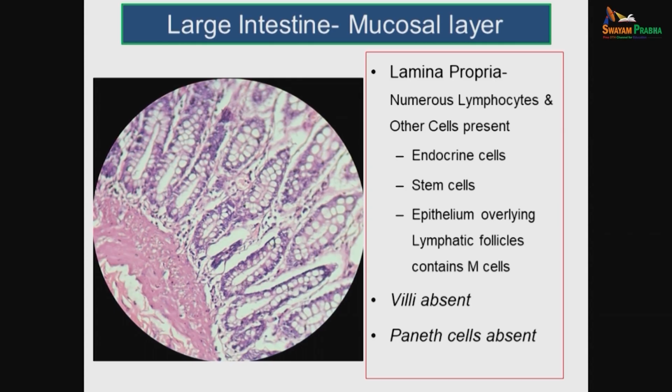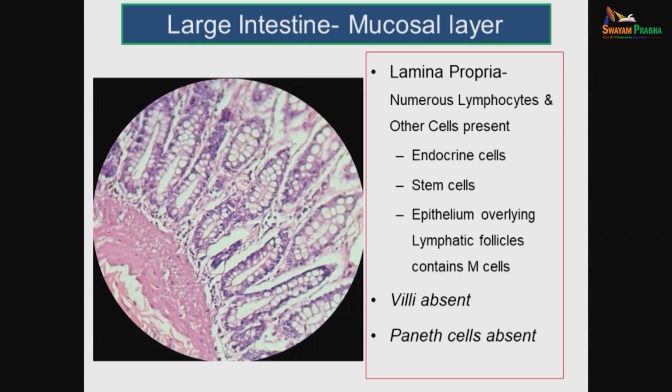So, in any part of the mucosa, we see the epithelial cells, underneath which is the lamina propria. In the lamina propria, in the large intestine, just like other parts of the intestine, we see a lot of endocrine cells, stem cells that give rise to more columnar cells as and when necessary, and lymphatic follicles which are called gut associated lymphoid tissue.